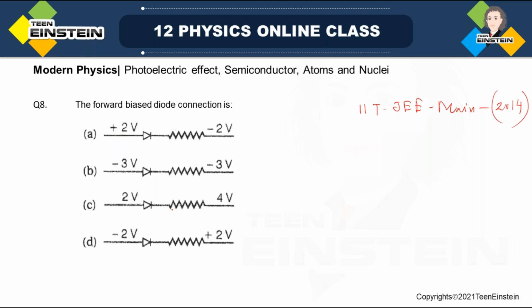Here the question is given and you have to give the answer from here itself. The forward biased diode connection is which?